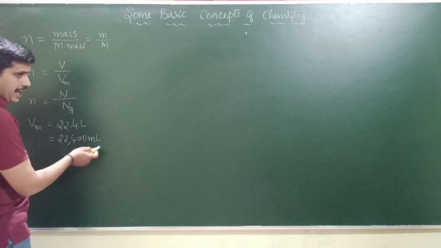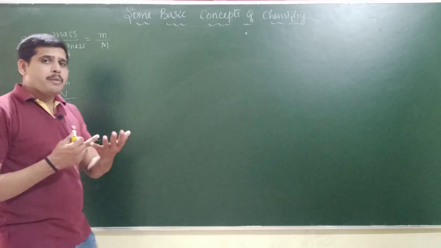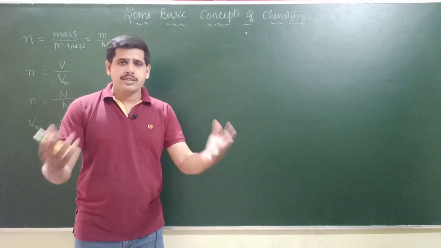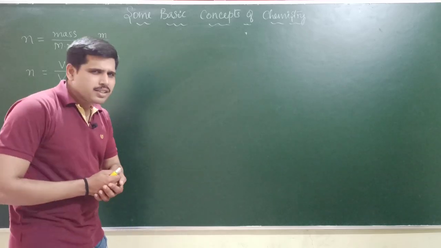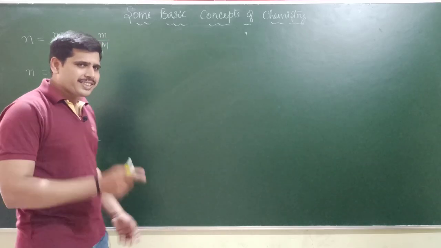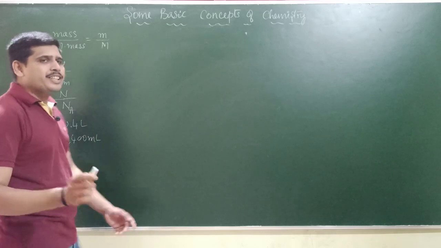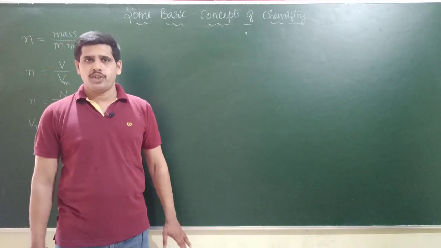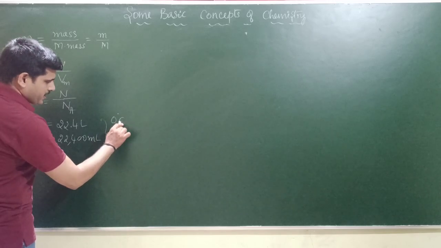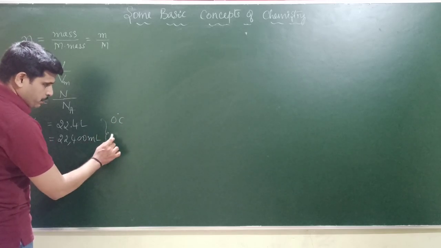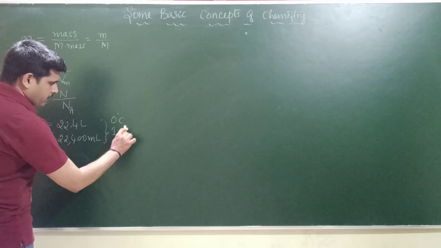Of course this holds when the temperature, in Kelvin, that is the STP temperature, you know it, isn't it? It is 290. Is it so? No, it is 0 degree Celsius, that is 273 Kelvin, and the pressure at 0 degree Celsius happens to be 1 atmosphere.